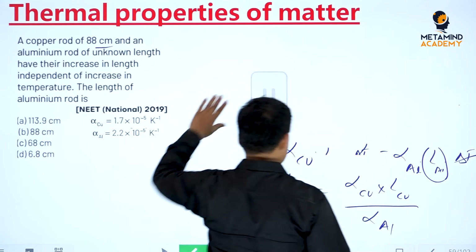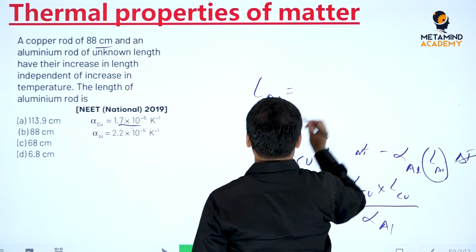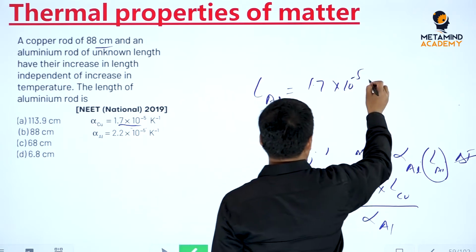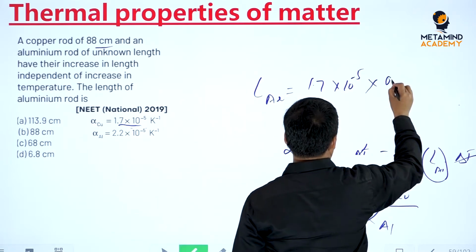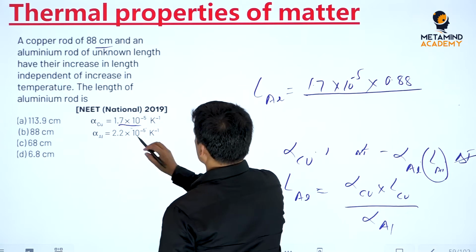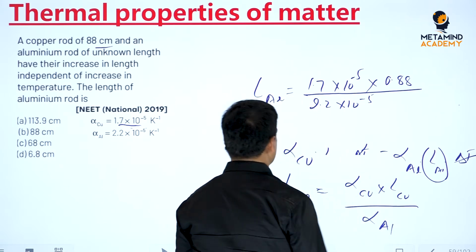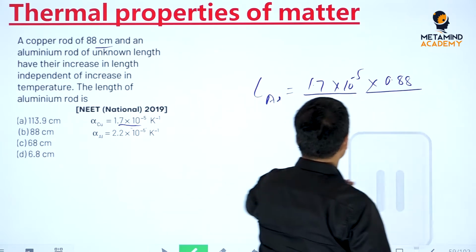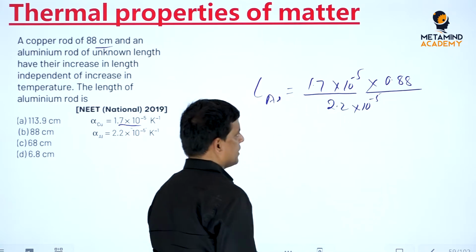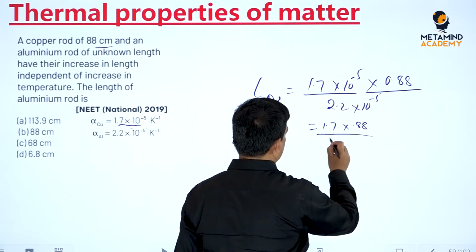Now we put in the values. Length of Al is alpha Cu, 1.7 into 10 raised to minus 5, into length of Cu, 88 centimeters or 0.88, divided by aluminium 2.2 into 10 raised to minus 5. So it comes down to 1.7 into 0.88 by 2.2.